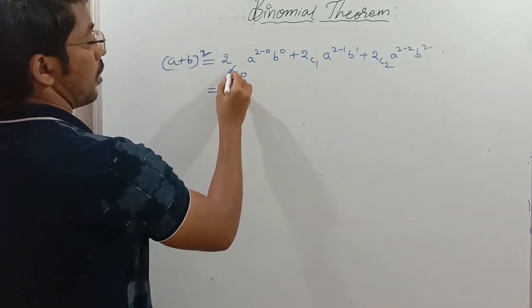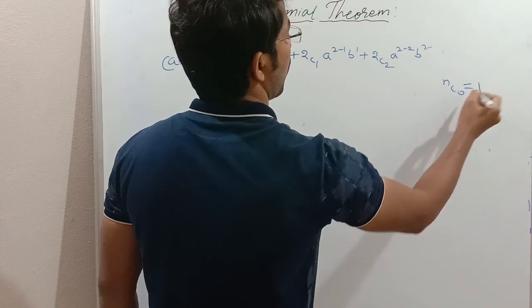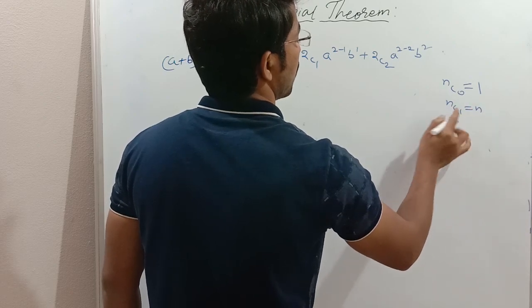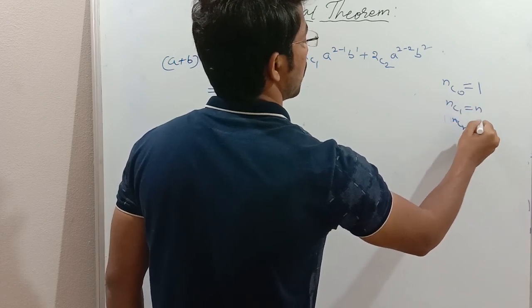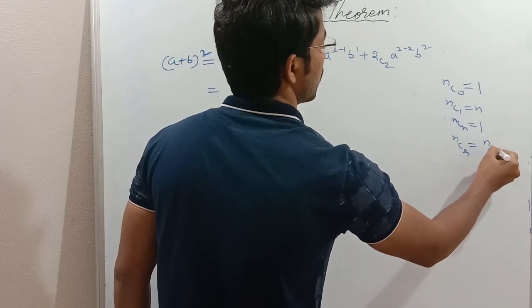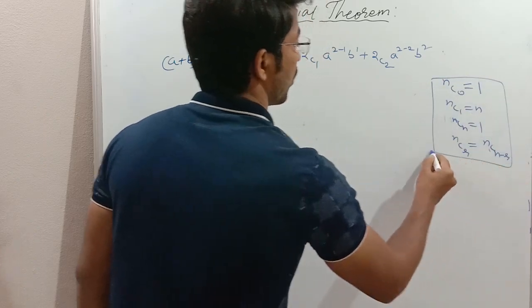Now we know that nC0 is equal to 1, nC1 is equal to n, nCn is equal to 1, and nCr is equal to nC(n-r). So these are the required formulas.